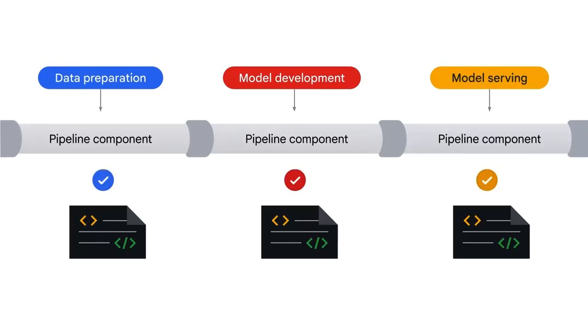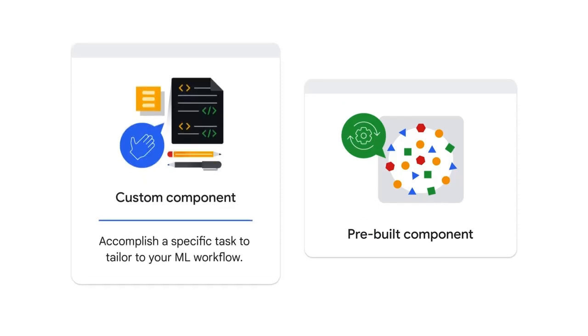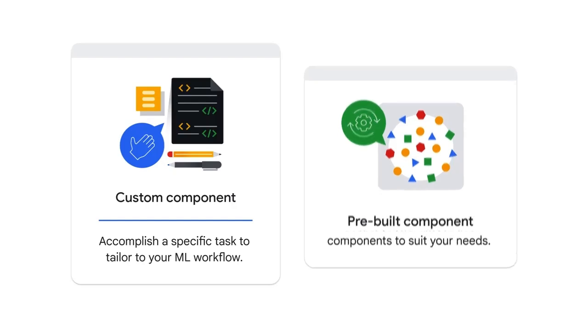You can think of a component as a function, which is a building block of a pipeline. You can either build a custom component on your own or leverage the pre-built components provided by Google. If you want to accomplish a specific task to tailor your ML workflow, such as determining a special threshold for model deployment, you may need to code a custom component.